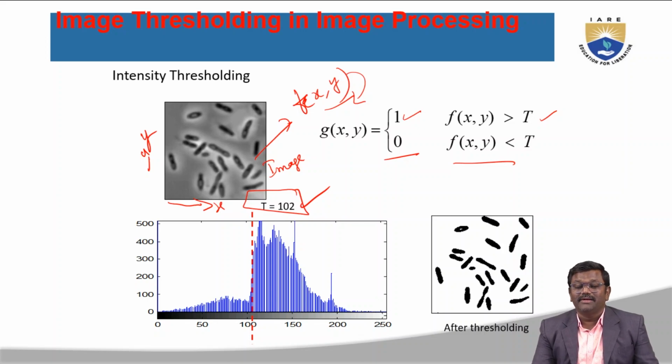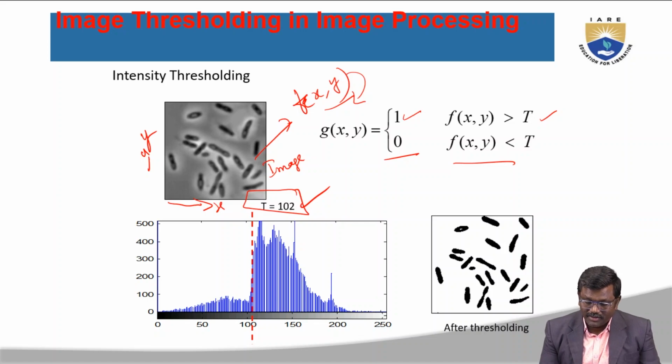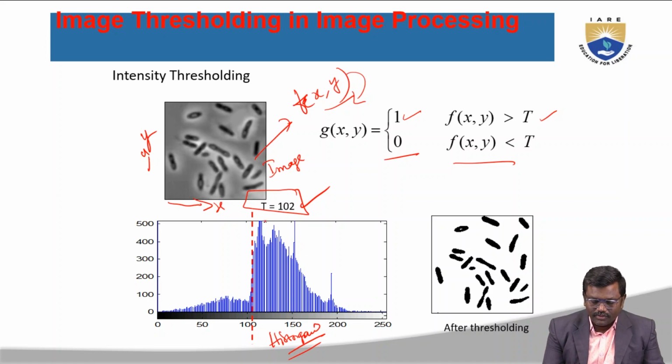But the point here is that we also concentrate on the pixel intensity distributions by using one of the methods which we call the histogram. This histogram is the technique which helps us define the intensity distribution from one pixel to another pixel. So we fix t equal to 102.